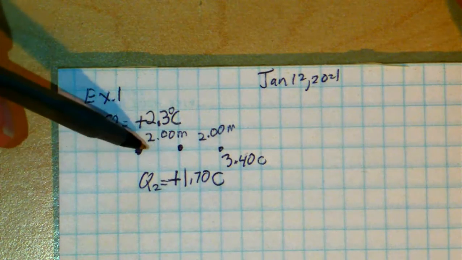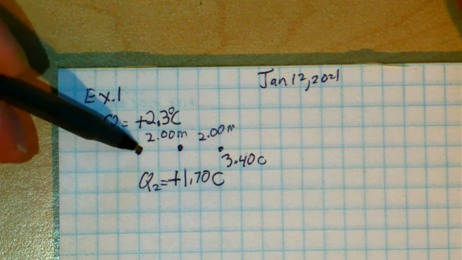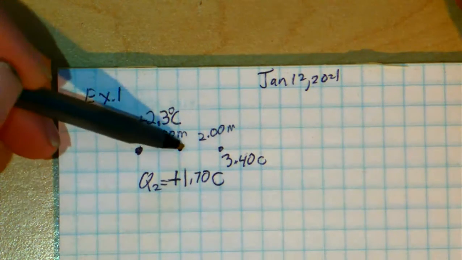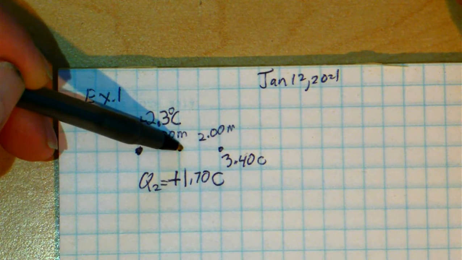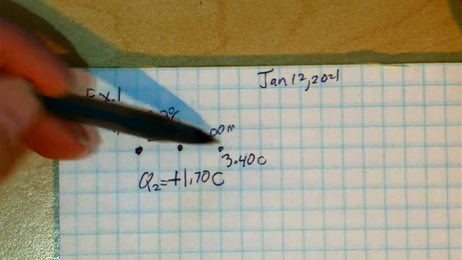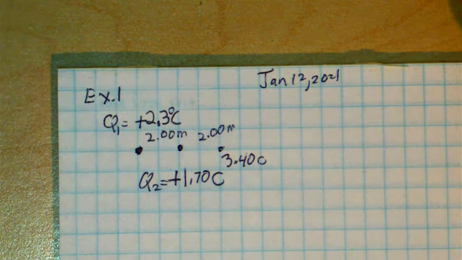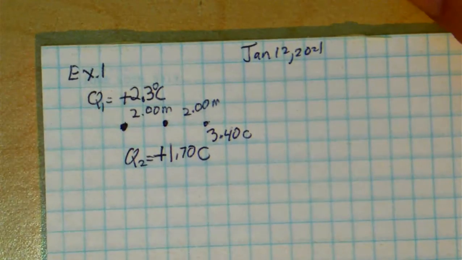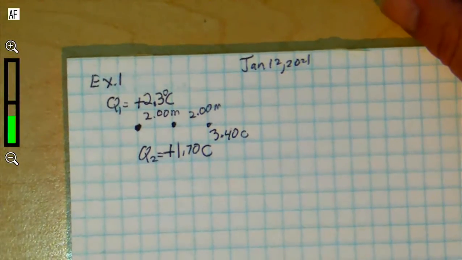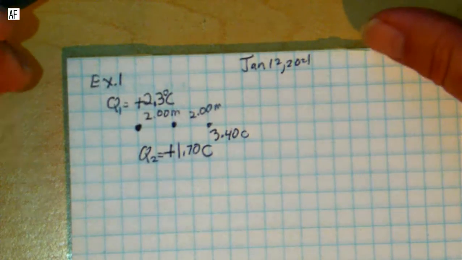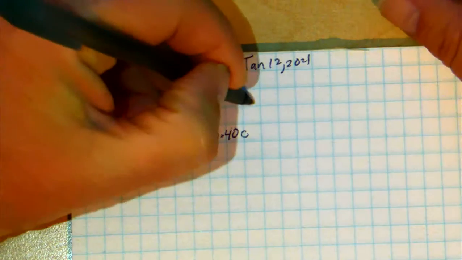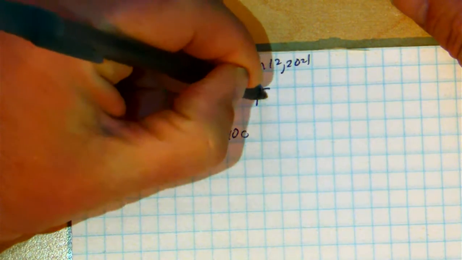I'm going to calculate the net force on Q1, and then the net force on Q2, and then the net force on Q3, because the net force is going to be different for each one of these three charges. So you might as well be able to do it for any of them once you have this geometry set up. The equation that I'm going to be using is Coulomb's law.